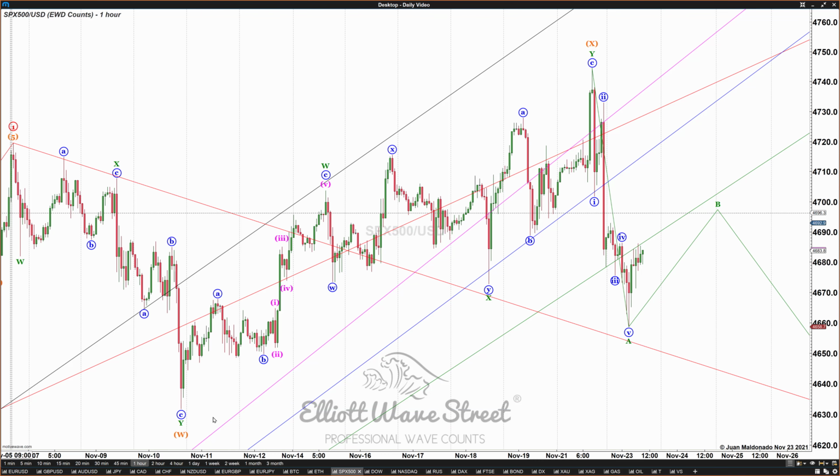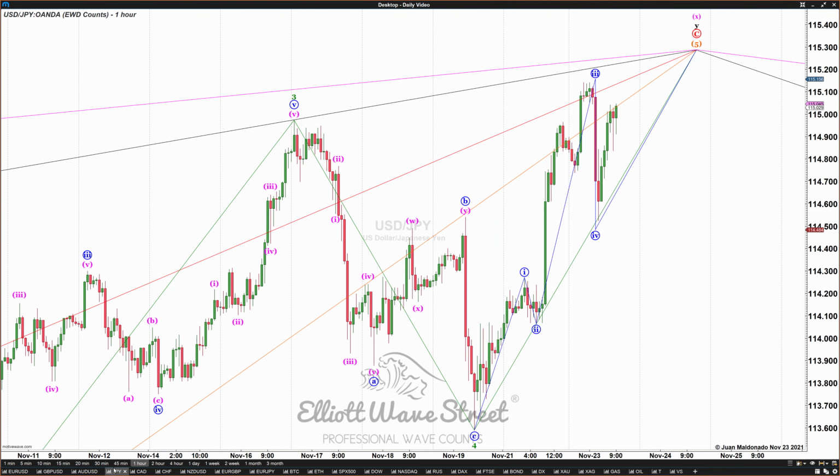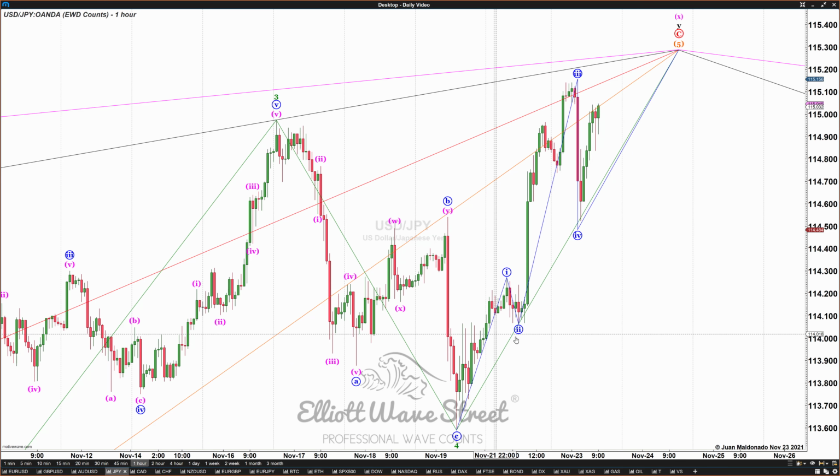Let's have a look at another example that I'm following this week, and is getting closer to the entry, dollar yen. So dollar yen is showing a good setup because it's actually the same dollar index trade.